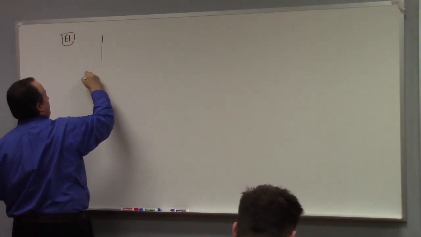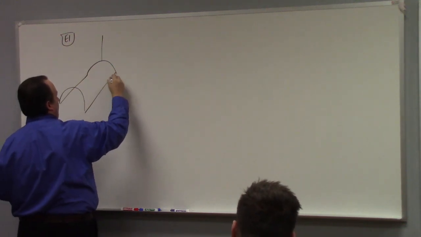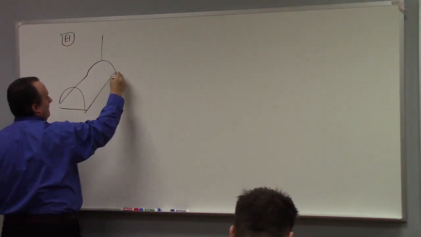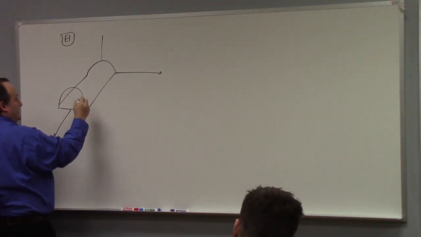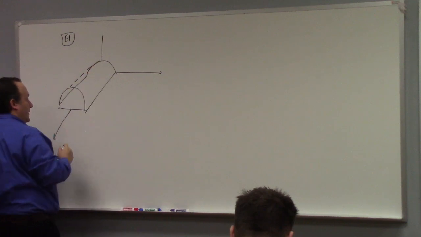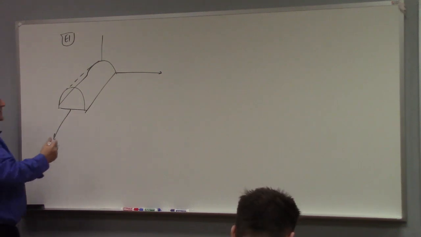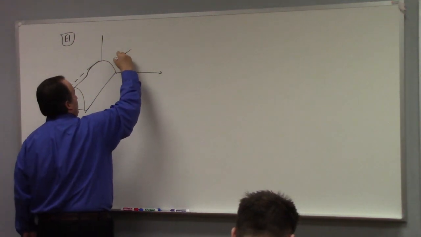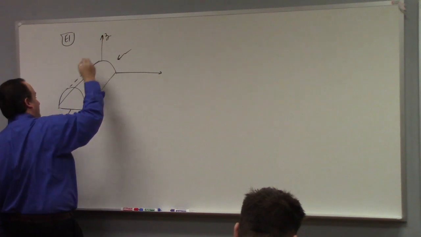Suppose you've got a half cylinder like this. All right. What would be the equation of a half cylinder like that? Can you guys tell me?